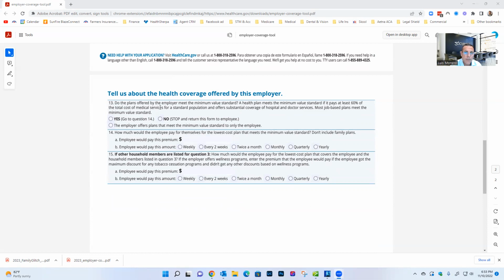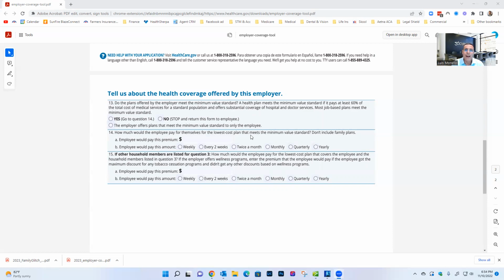Do the plans offered by the employer meet minimum value standard? Guys, in the previous video, I discussed that. Most employer plans, I would say 99% of them, if they're true employer group coverage, are going to meet minimum value standard. There are some plans out there that portray that they're group insurance, but they're really supplemental plans.